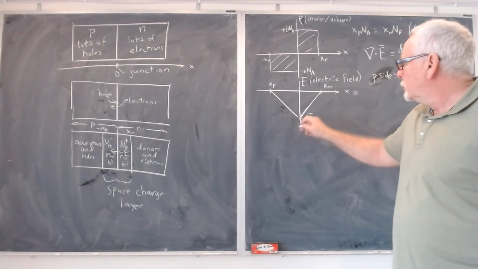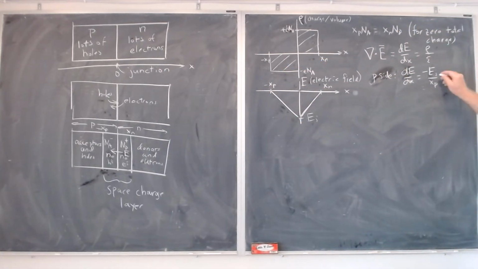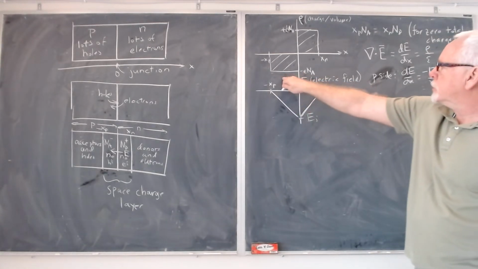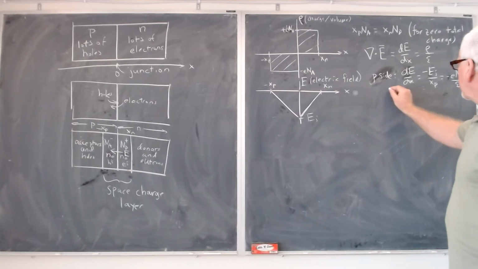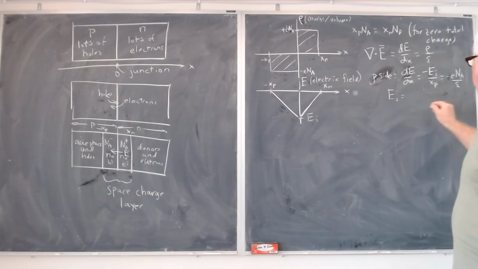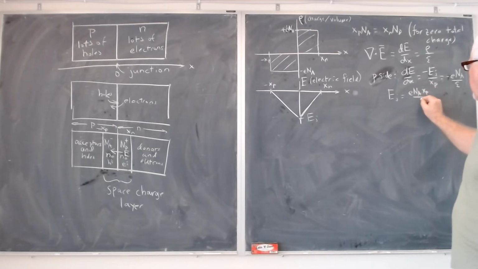The slope. E_j over x_p is dE/dx. And on the P side, that's equal to the charge density on the P side, which is minus q N_A over epsilon. So E_j is equal to q N_A x_p over epsilon.